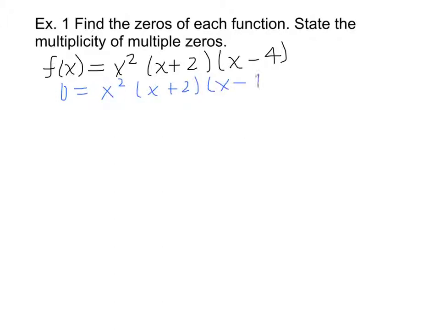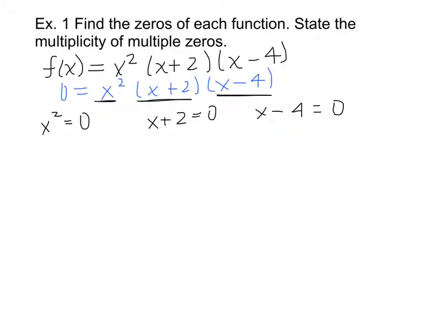You always do that first, and then you set each factor equal to 0. That means each one. So here, if you square root both sides, x will be 0. So it'll be 0, 0 with a multiplicity of 2.